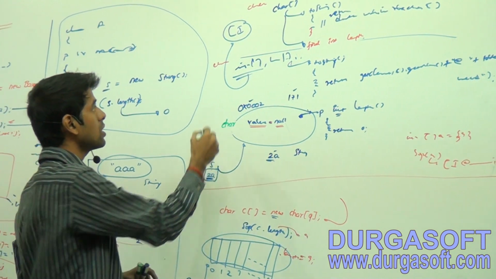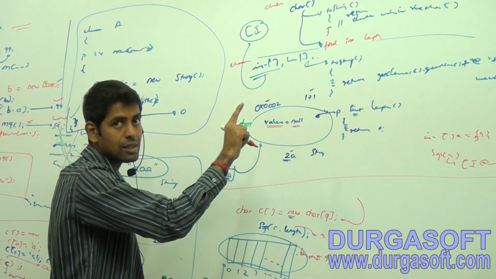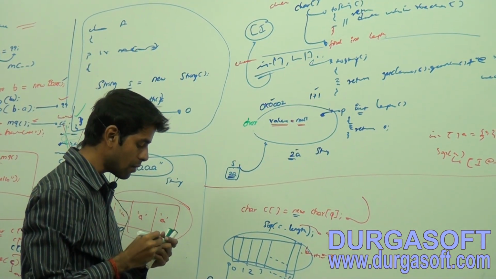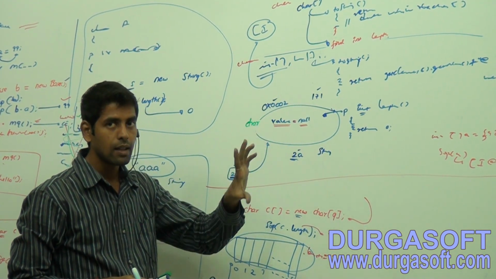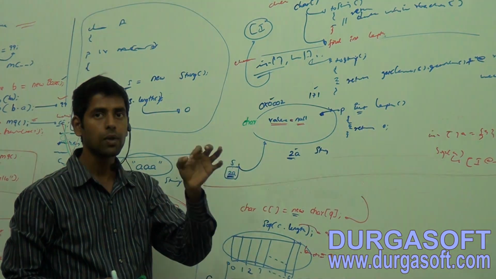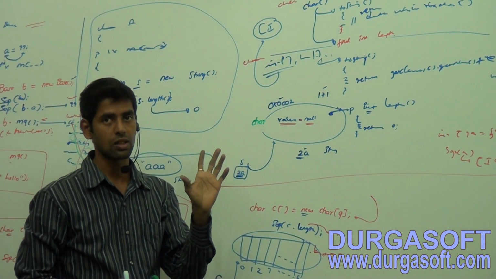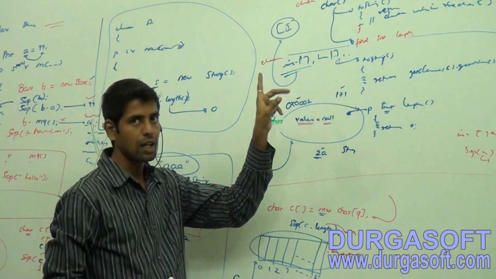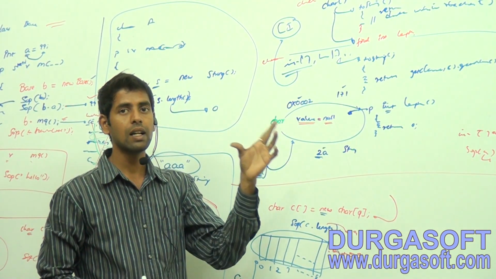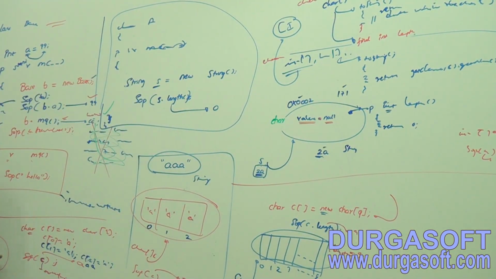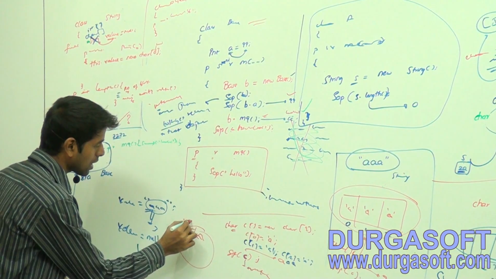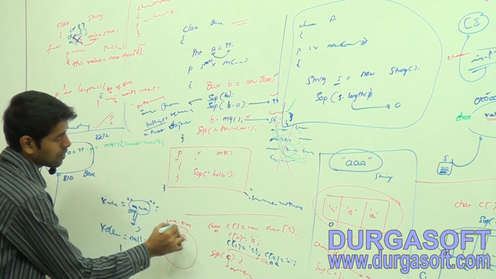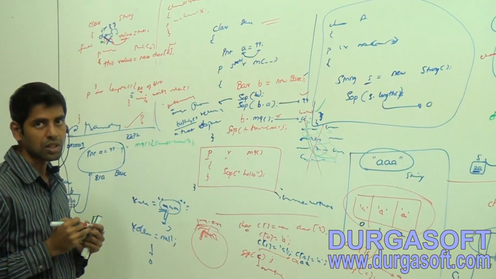Both are classes, but these classes are not available to us in the API documentation. These classes are available internally within the JVM, within java.exe, all those implementations.